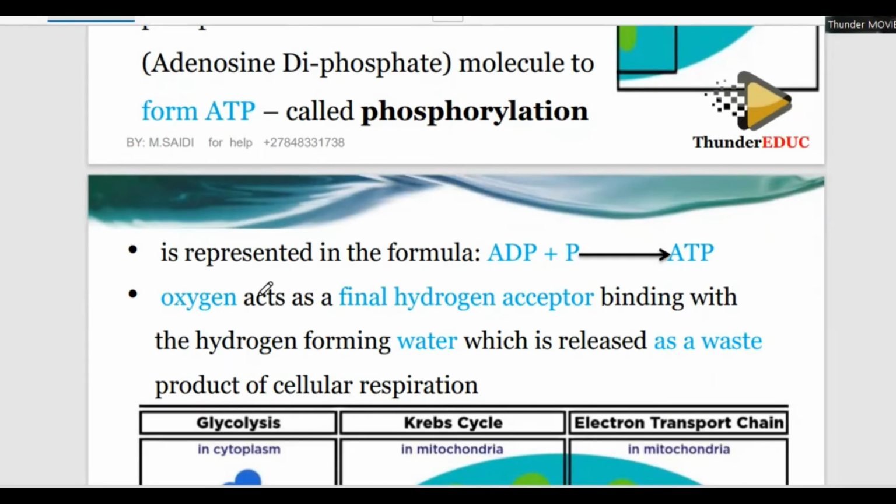Here is the formula which shows how these are formed. For example, ADP plus inorganic phosphate forms ATP. Adenosine diphosphate forms adenosine triphosphate. Oxygen acts as the final hydrogen acceptor, as I said, binding with hydrogen, forming a water molecule.